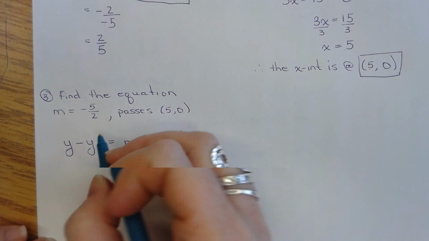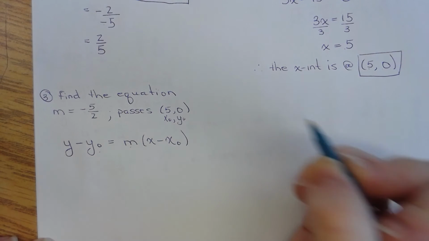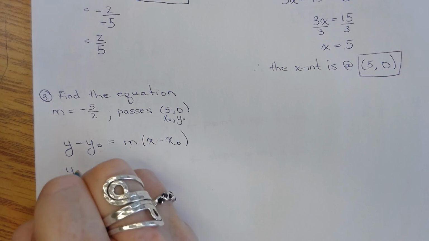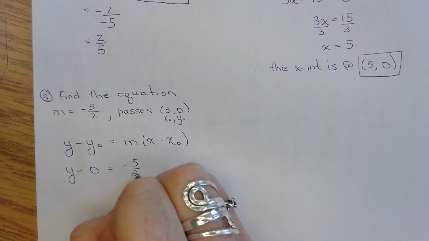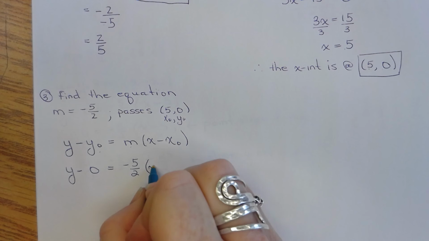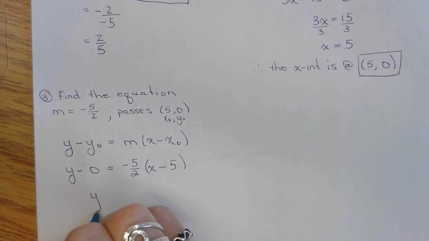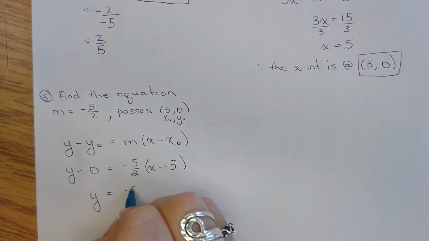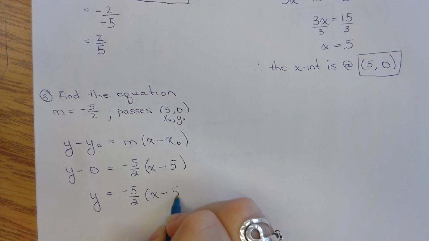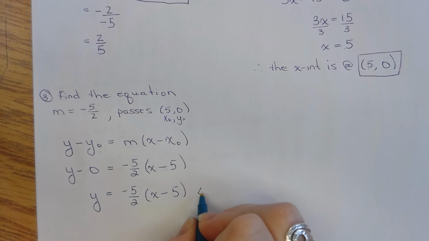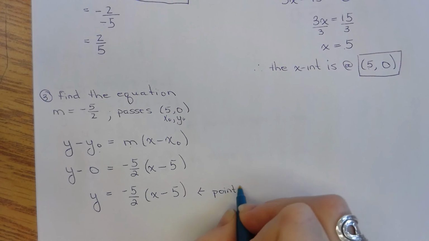This is my x naught and my y naught. So y minus 0 is equal to negative 5/2 times x minus 5, and y minus 0 is just y. So y equals negative 5/2 times x minus 5. This is the point-slope form equation.